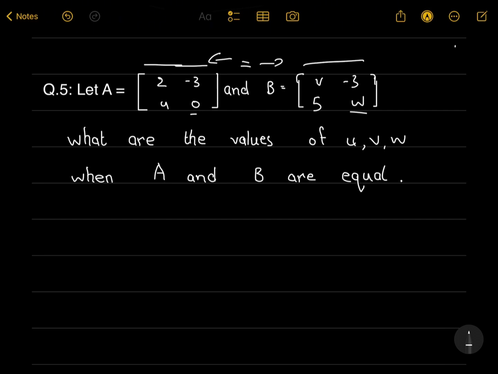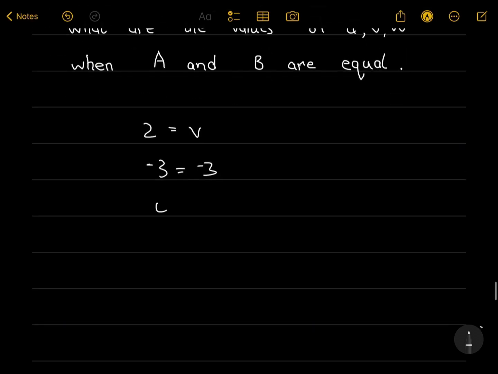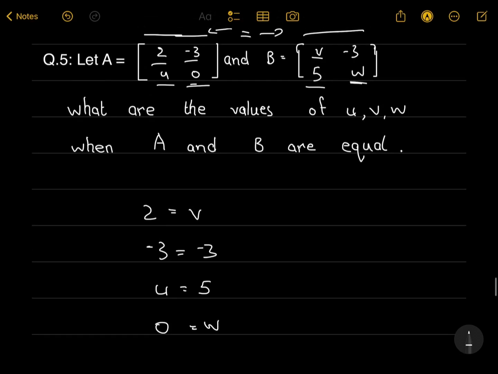So let us write that. The first place is 2 is equal to V, then -3 is equal to -3, then U is equal to 5, and 0 is equal to W, and simply we get the answer here.